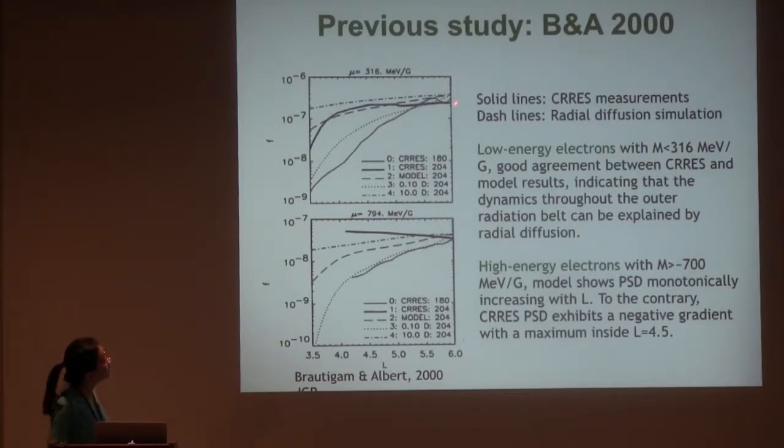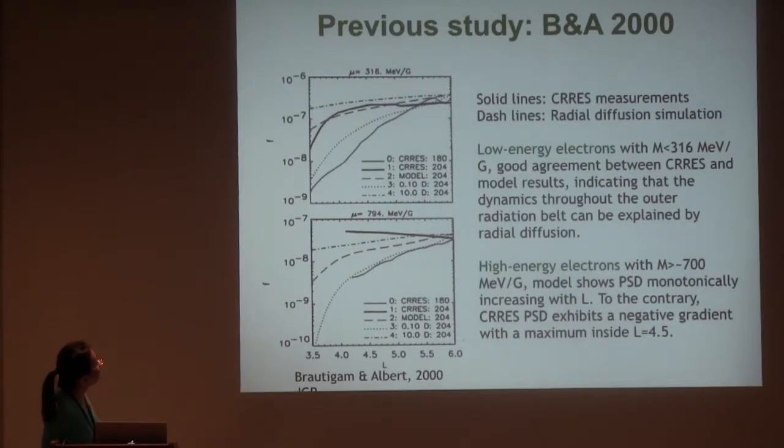The solid lines are measurements, and the dashed lines are the simulation. So you can see that for these low mu electrons, there's a good agreement between the model and the measurement, and the PSD monotonically increases with L.